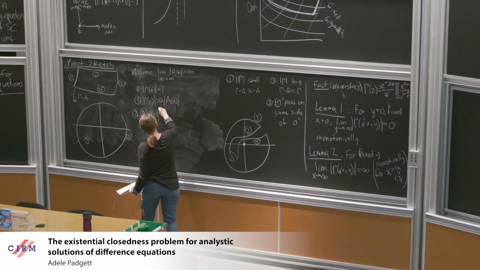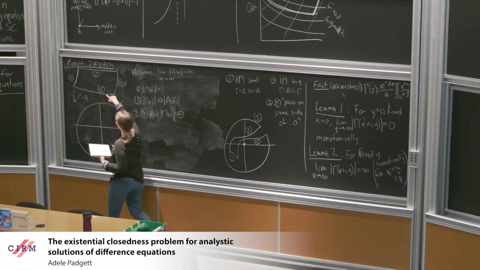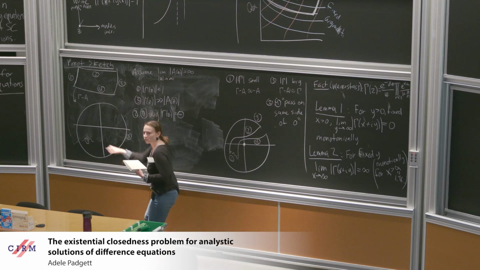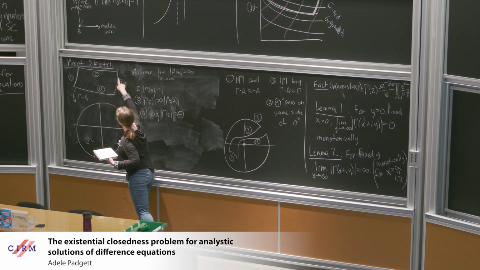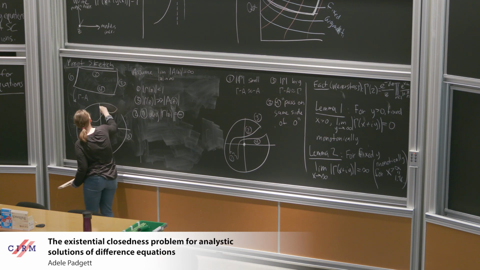So here the argument of gamma is some fixed number theta for appropriate theta. And it's the same theta for both these curves, so that we make a full circle as we go along number 3. And then they connect like this, maybe.